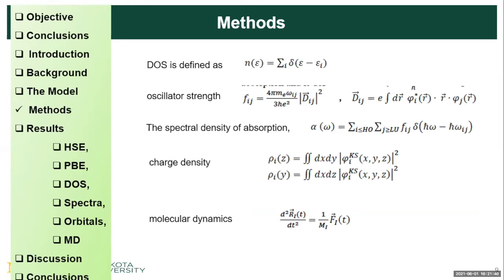After that we compute the spectral density of the absorption using this one, alpha omega.